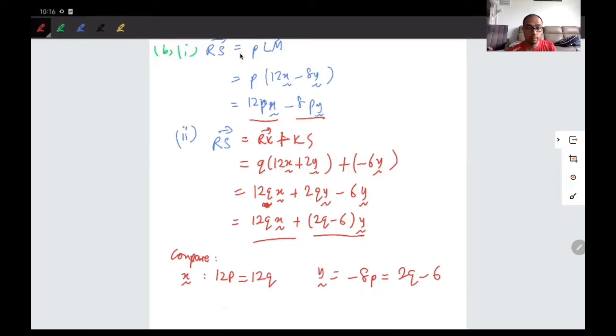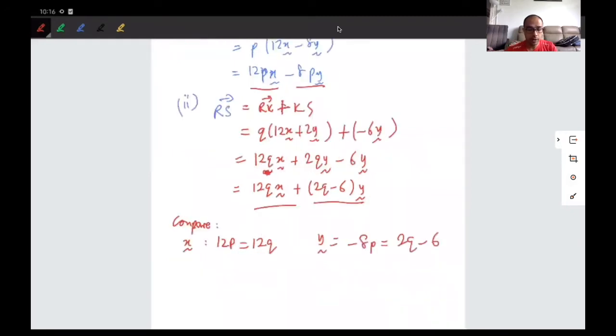Oh, hold on, did I make a mistake somewhere? Oh, okay, correct. So from our x vector, we will get p equals to q. The problem is, we don't know what is p and what is q, but it's okay. Put in the p or the q inside the y vector.